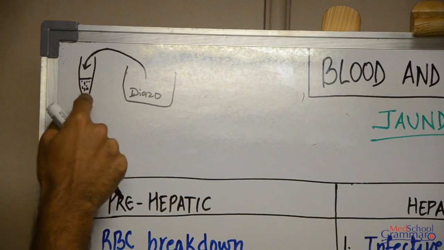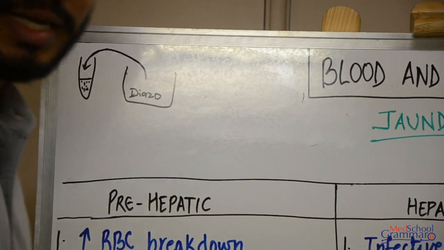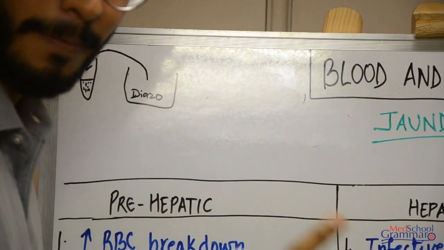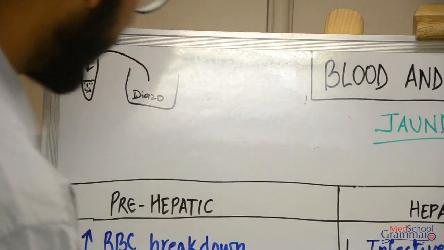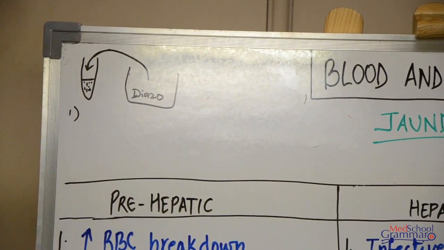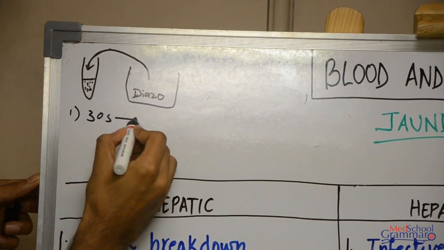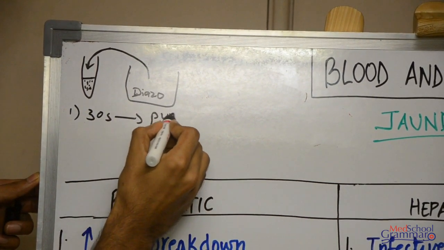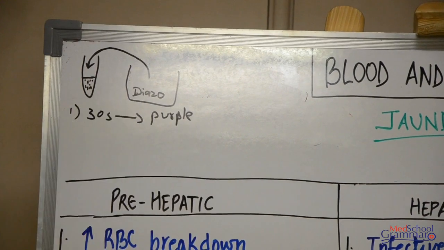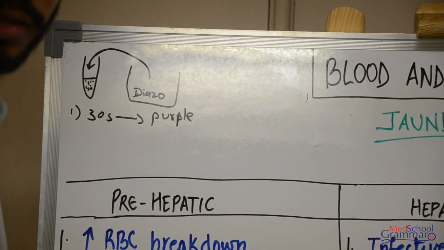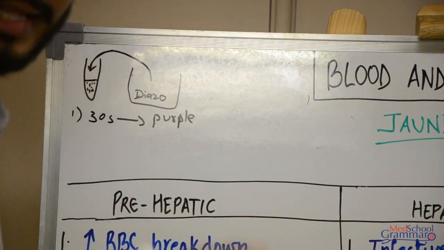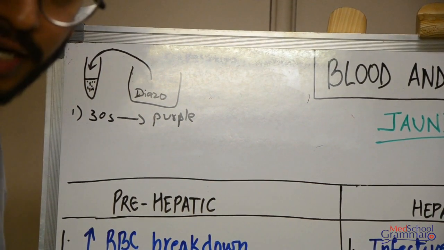Now when we put this diazo reagent into the serum, three results can be obtained. Number one, within 30 seconds, in less than 30 seconds, we see a purple color in the serum. This means that there is presence of conjugated bilirubin.